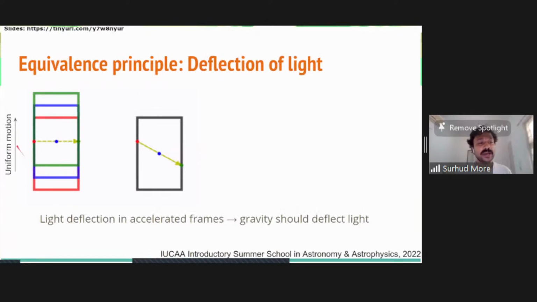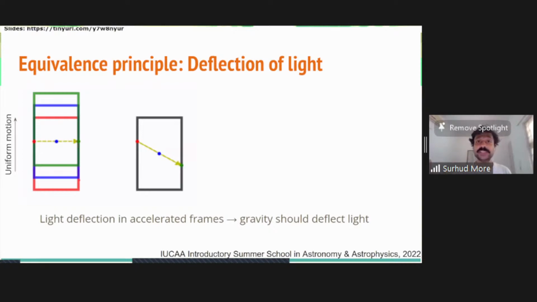Right? And now, let's consider a light ray which is entering the lift at this particular location. The red dot here is telling you when the light is entering that lift. Okay? As seen by us, light should travel in a straight line, and so you should see the path of the light ray to be something like this.